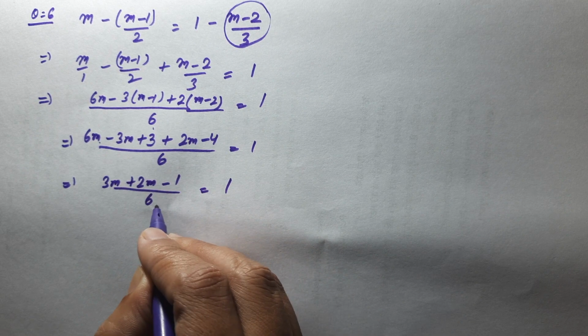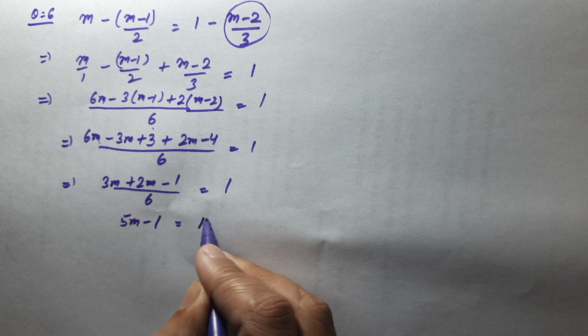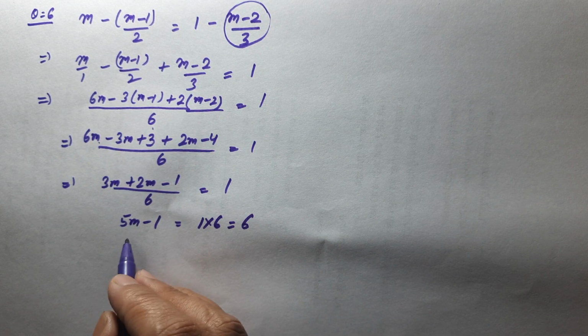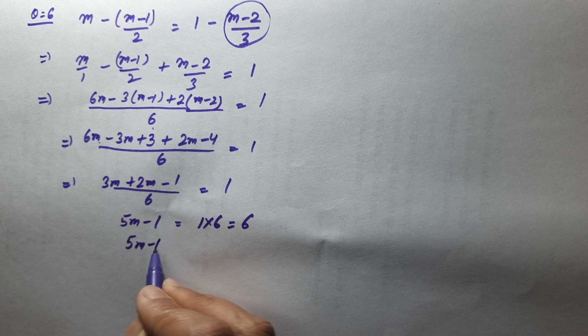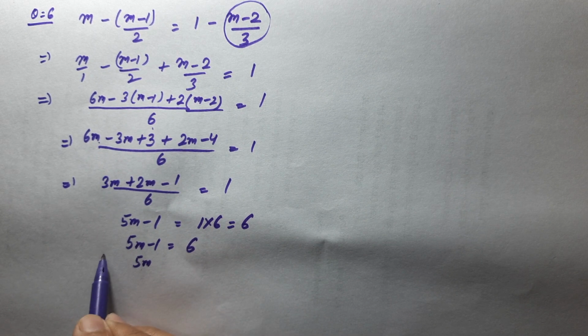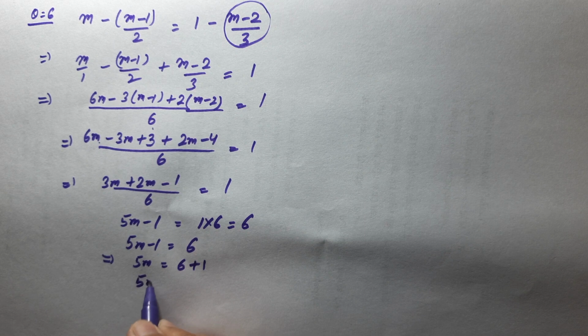Now transposing 6 also, 3 plus 2, 5m minus 1 is equal to 1 into 6, that is equal to 6. 5m minus 1 is equal to 6, minus 1 will be transposed. Minus will change into plus. So 5m comes out to be 7, m comes out to be 7 upon 5. That will be our answer.